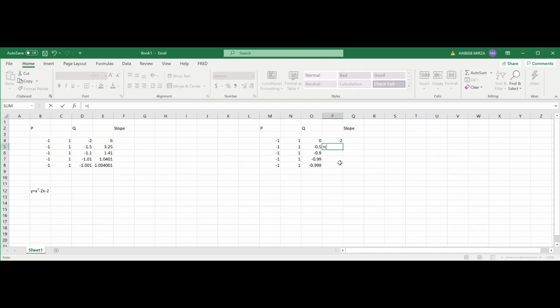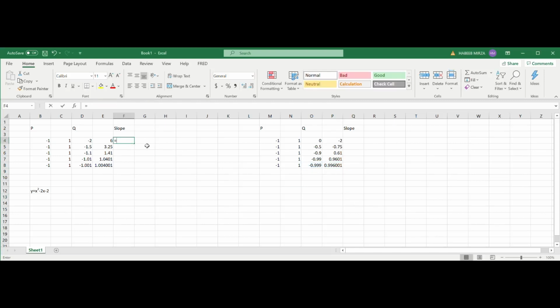And you do the same for each of these, this times this minus 2 times this minus 2.